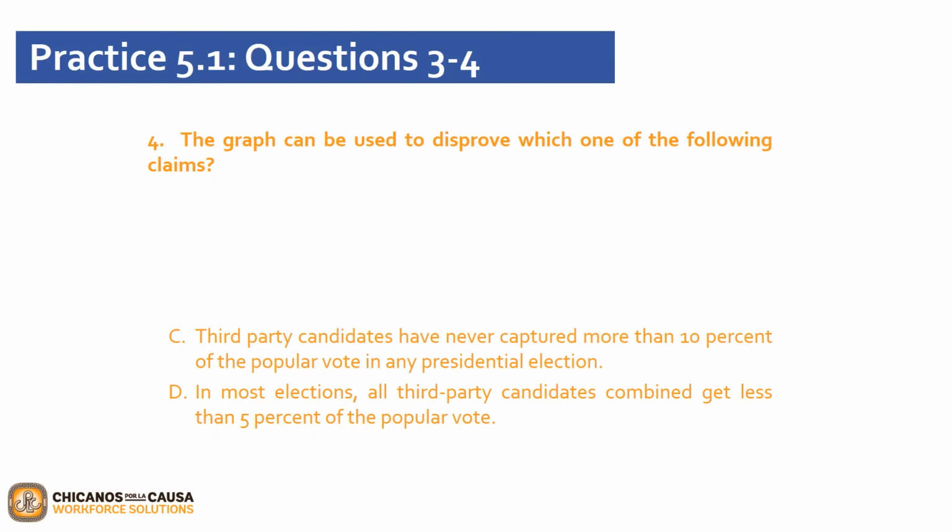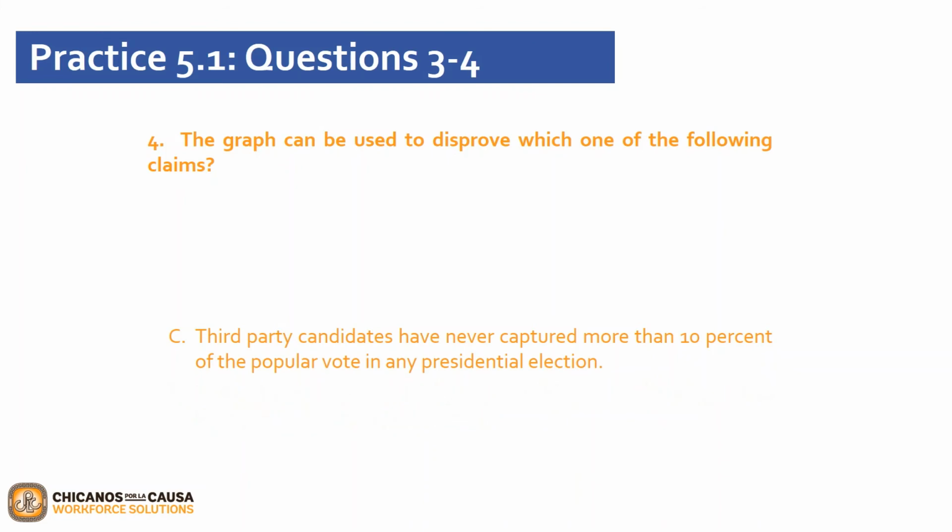D reports that when all third-party candidates combine, they get less than 5% of the popular vote, which is correct. So this is not the correct answer. By using the process of elimination, we can now say 100% that our answer is C. Third-party candidates have never captured more than 10% of the popular vote in any presidential election.